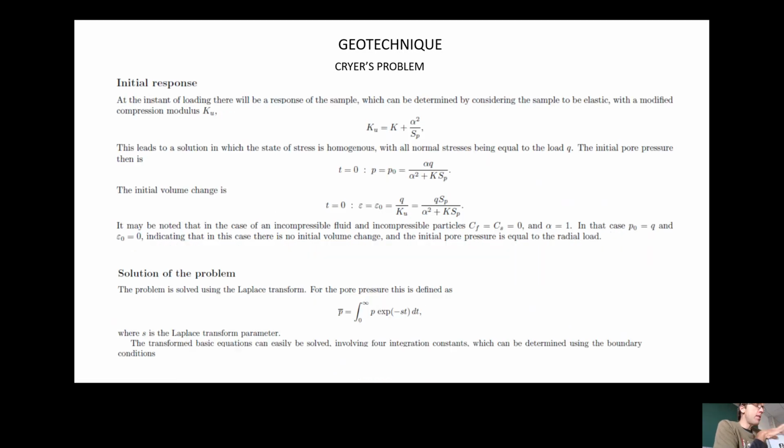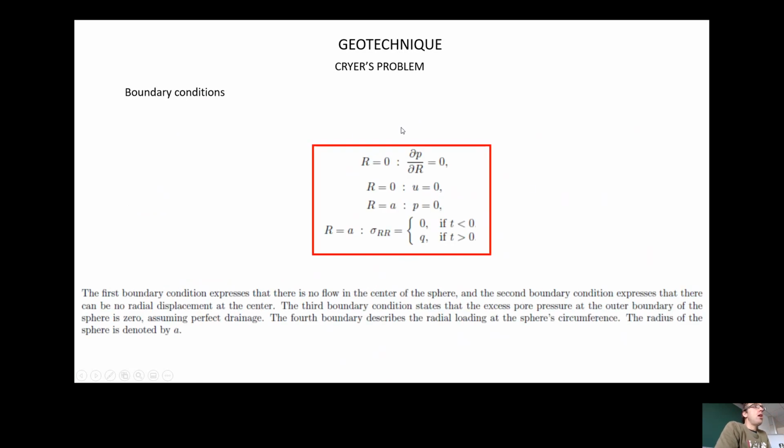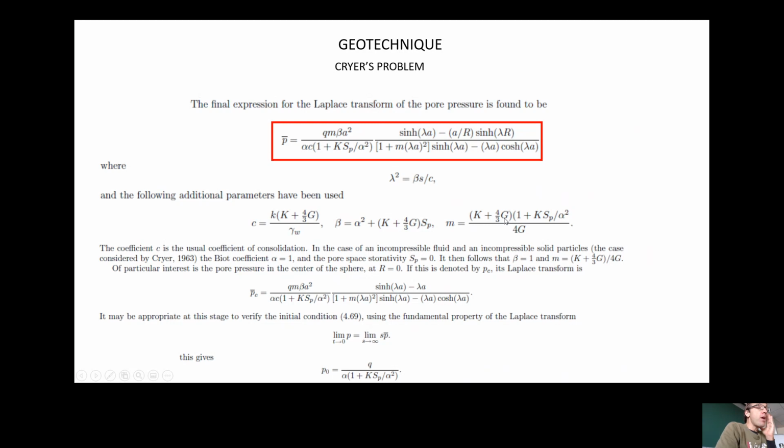The only point is that when you put this equation together with the 4 boundary conditions, because we have 4 equations, we can derive and define the final expression, all these parameters that help to define the pore pressure.